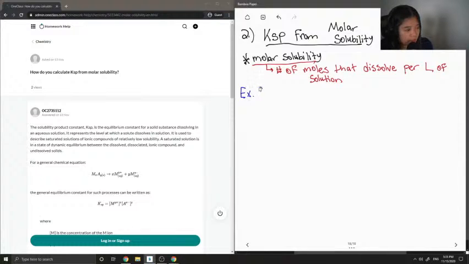For example, let's say we had calcium fluoride, given its molar solubility is equal to 2.14 times 10 to the negative 4 moles per liter.